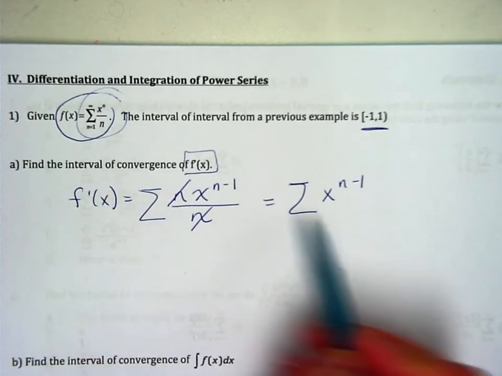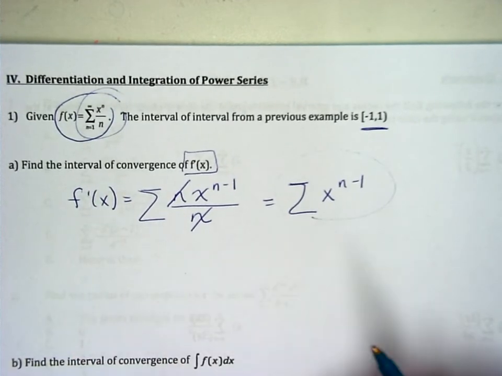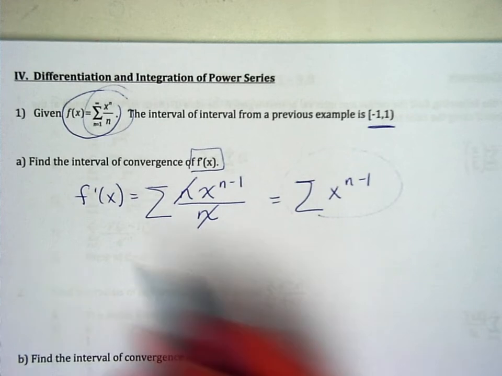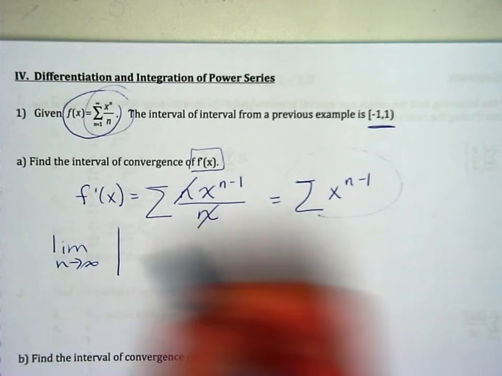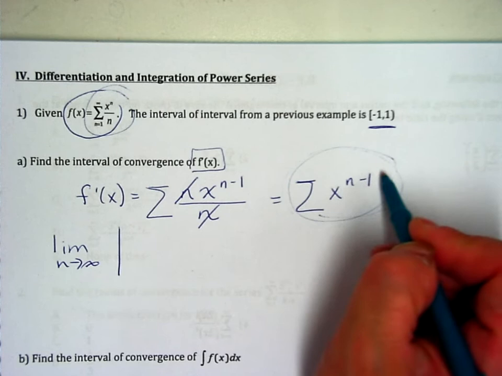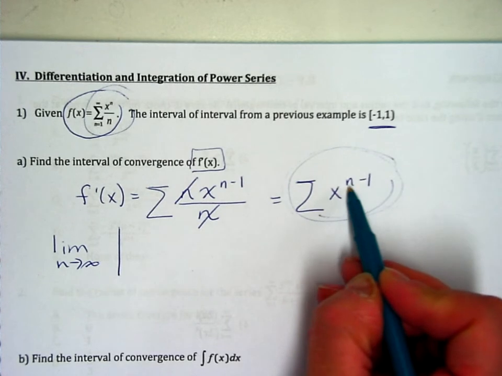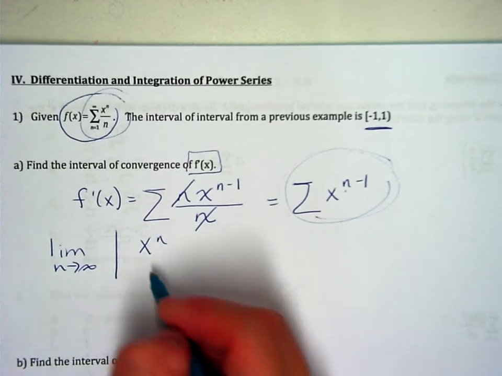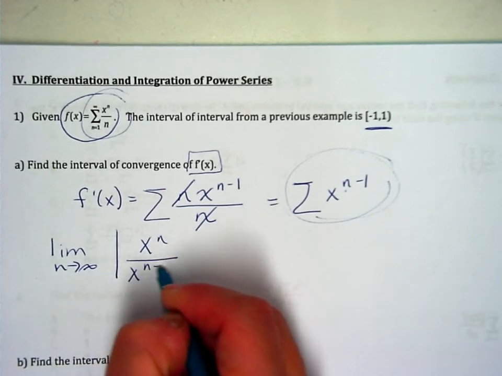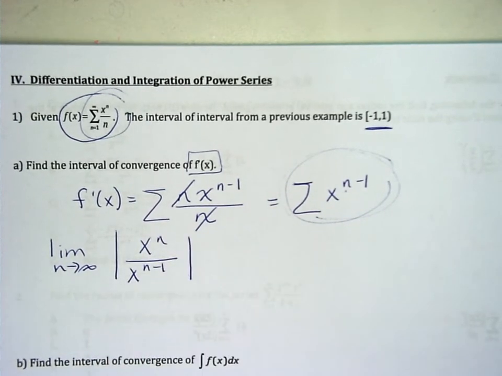So in order to find the interval of convergence, I'm going to go ahead and do the ratio test. Ratio test says if I take the limit of the n plus first term, notice if I plug in n plus 1 here, it becomes n plus 1 minus 1. So really, I just end up with x to the nth divided by the nth term, which is my original, and this is what I get.